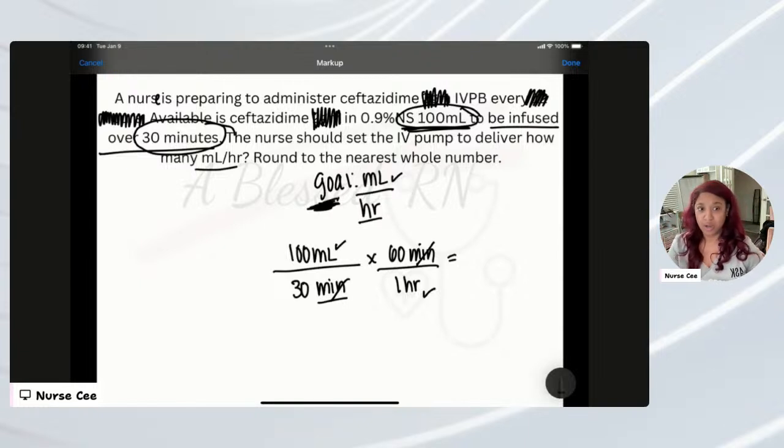Because what if you multiply whatever times 30 or you didn't convert it right? Sometimes you have an off day, but I know that when I do 60 minutes over 30, I'm going to get the correct time. It's going to be 0.5. So the math is going to math inside the equation. So 100 times 60 divided by 30, it's going to be 200 mLs per hour. And that's our answer.